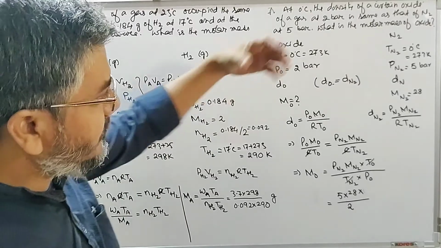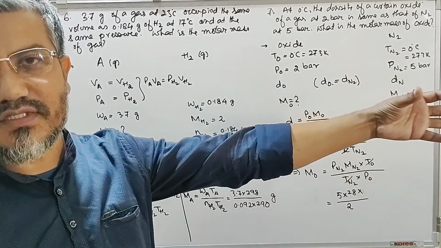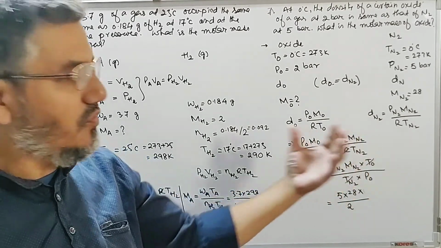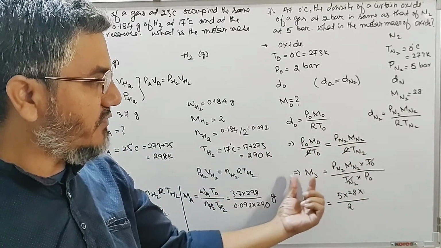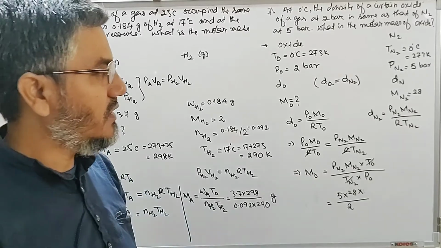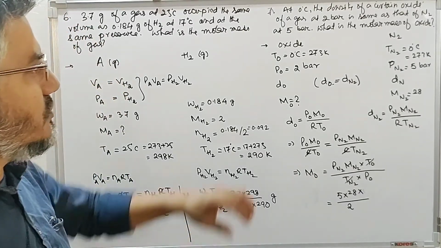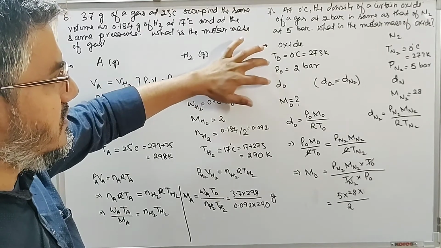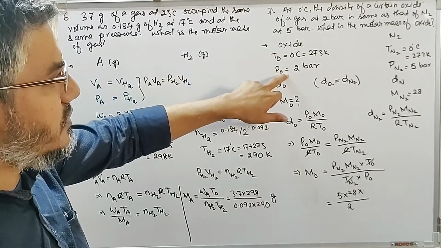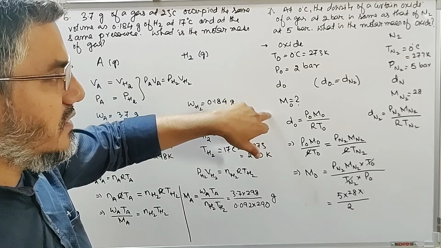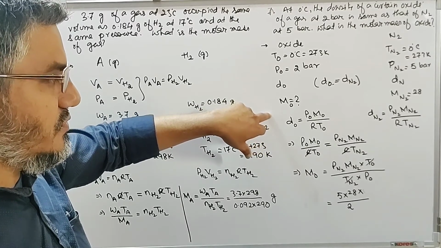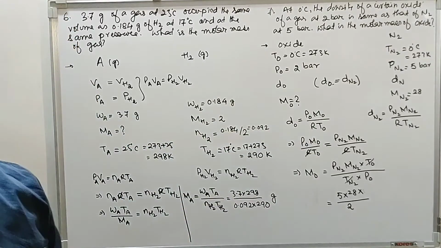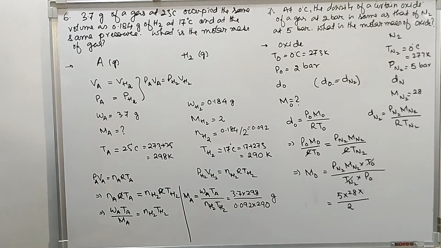So we use the ideal gas equation expressed in terms of density, then compare the values of density, and from this we find the molecular mass of the unknown gas. In this process, temperature and density remain constant, while pressure and molecular mass are different.